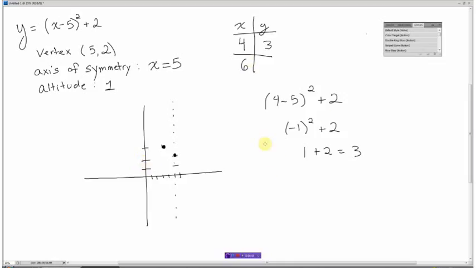Okay, now, when we plug in 6, you actually should get 3 as well, just based on symmetry. And if you'll notice, you've got 6 minus 5 is 1 squared plus 2. 1 squared is 1 plus 2 is, once again, 3. So again, that symmetry is what allows us to do that. So in other words, this point is also going to be right here. And now you can kind of connect your dots.